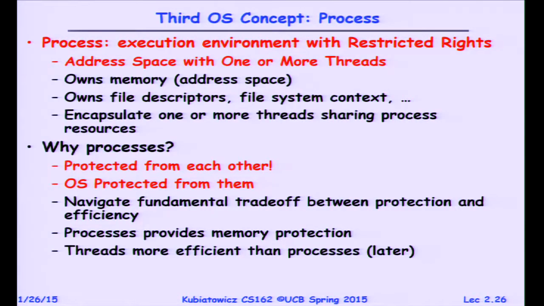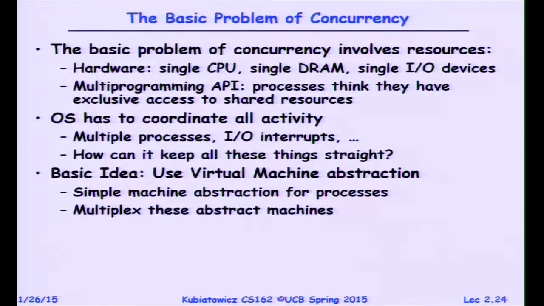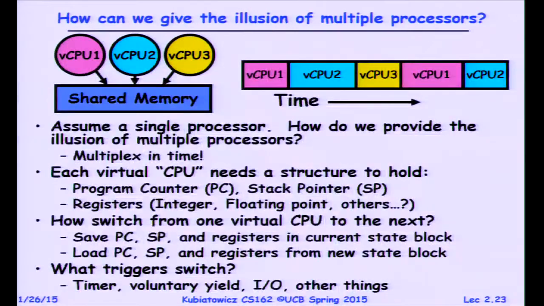Okay, so one way you could look at this picture I had earlier is that if we're doing this kind of very simple switching, all of these are part of the same process. So a given program has a bunch of threads in it, and they all share the same memory, but there's another process that looks exactly like this, and those two are not able to interfere with each other. Okay, so I'm starting to group things together.